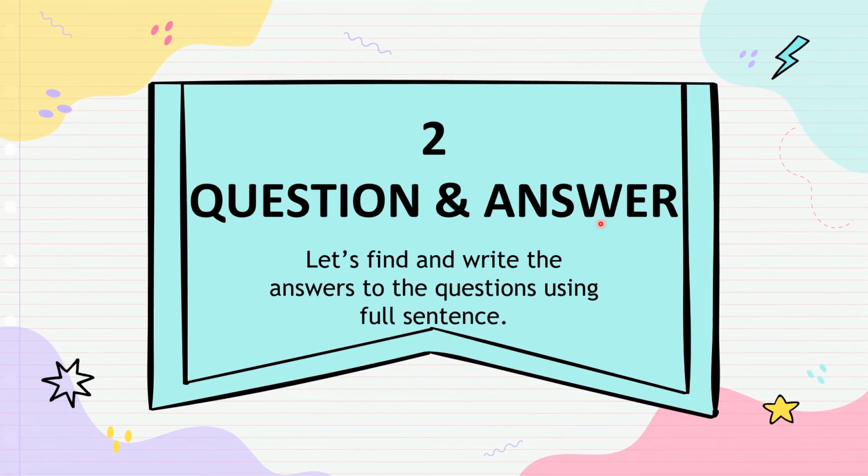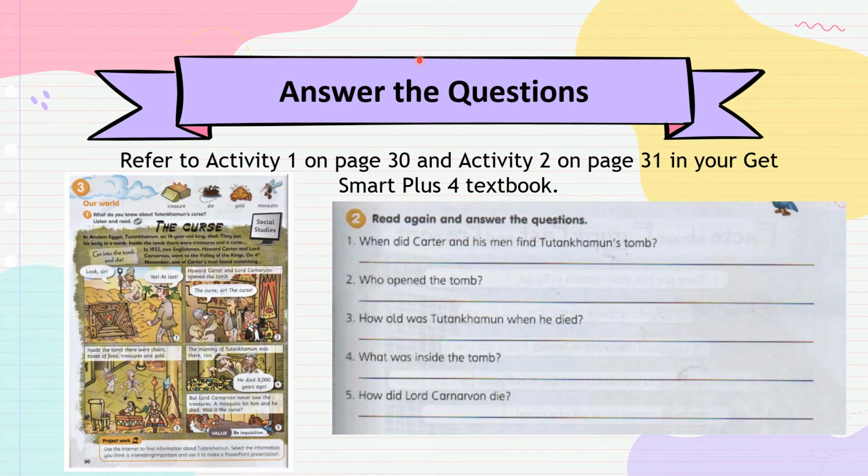Alright, so move on to the next activity, question and answer. Okay, let's find and write the answers to the questions using full sentences. Alright, so answer the questions. Okay, you may refer to activity 1 on page 30 and activity 2 on page 31 in your Get Smart Class 4 textbook.